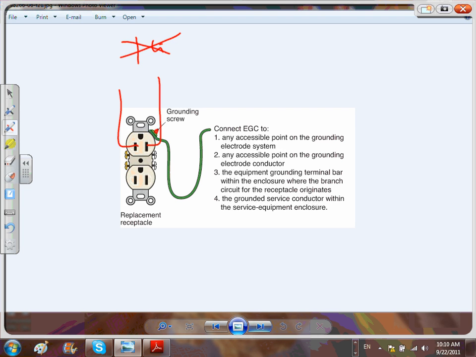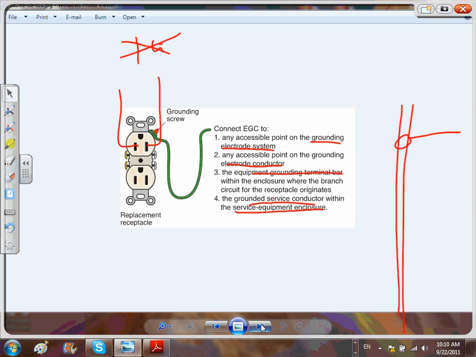Take it all the way to an accessible point on the grounding electrode, an equipment grounding terminal bar, a grounded service conductor within the service entrance equipment. So basically, I don't know where you do find that, but this you might, an accessible point on the grounding electrode system. So I find my pipe here, and it's grounded. My pipe is grounded, so I can grab my ground from here, tie it to my pipe here. That's an accessible point in the grounding system. That's easy.